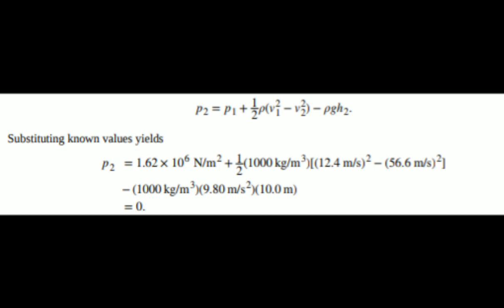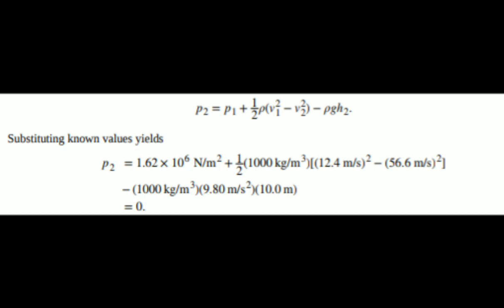So, substituting known values yields P sub 2 is equal to 1.62 times 10 to the power of 6 Newton per meter squared plus 1 half multiplied by 1000 kilogram per meter cubed multiplied by the difference of (12.4 meter per second) squared and (56.6 meter per second) squared, minus 1000 kilogram per meter cubed multiplied by the gravity 9.80 meter per second squared and h sub 2, 10.0 meter. So we will come up to the formula and the answer will be 0.